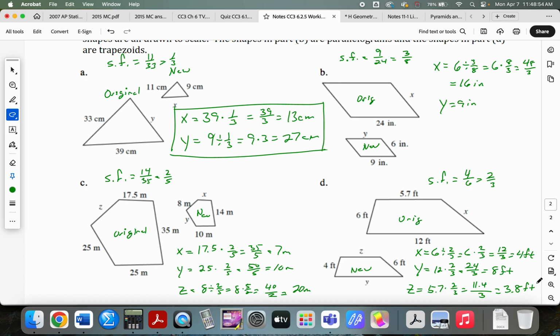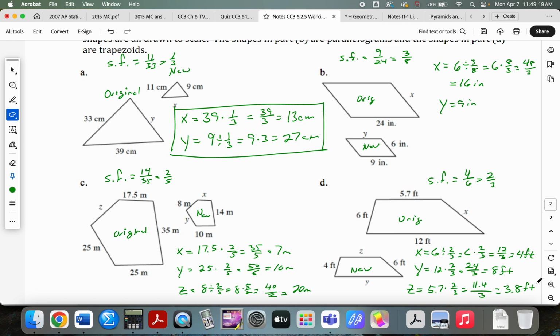Y equals 35 over 14 divided by 25. Oh, so when you did the 35 over 14, you didn't simplify that. I was wondering why it was taking so long. Always simplify your scale factor. 35 over 14 reduces to 5 over 2.